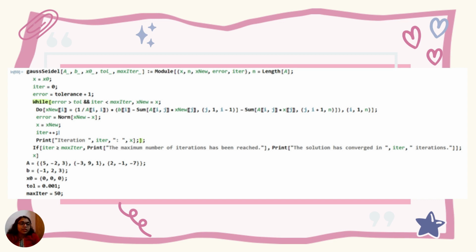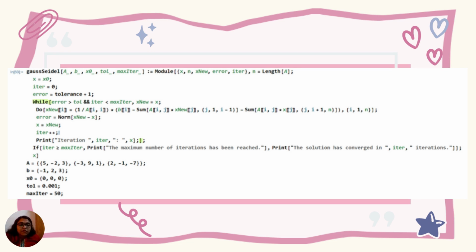Then the initial x is 0, 0, 0, the tolerance is 0.001, and the max iteration is 50. Not only that, I have substituted the word iteration with the word iter.